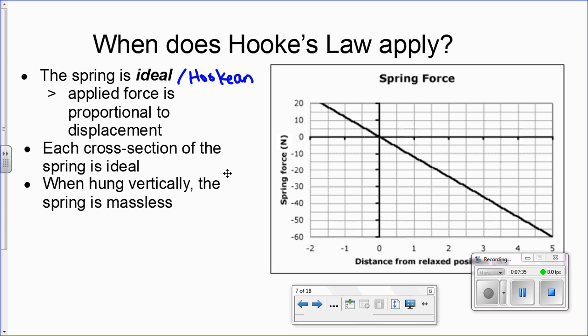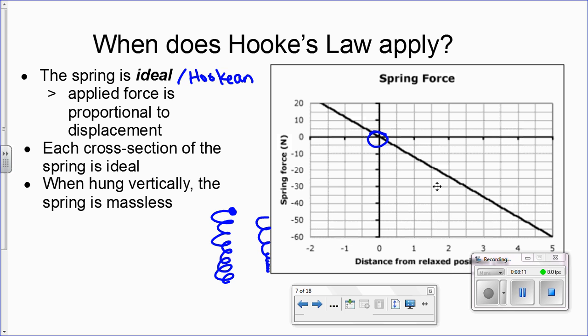But if you're hanging the spring vertically, every coil from the bottom coil on up, so here's our spring, if you're hanging this vertically, this spring up here has some additional forces pulling on it. It has the weight of all the other coils. And that's why you tend to see them stretched out a little, and then they get more compact as you go on, because this top coil is supporting all of the other ones, and that's what makes it not truly ideal, and that's what's going to give it that non-zero y-intercept.